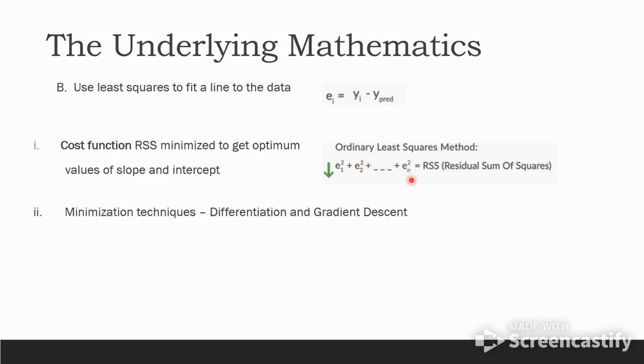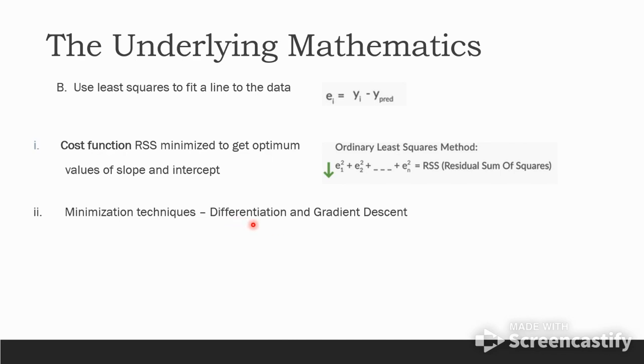And how do we do that? In theory, there are two methods which can be used to minimize the cost function to get the ideal conditions which will best describe the scattered data on that graph. One is differentiation, which we also covered in the initial slide. We said that by differentiating and equating the slope of that function to zero at that point, we get the maximum or the minimum value.